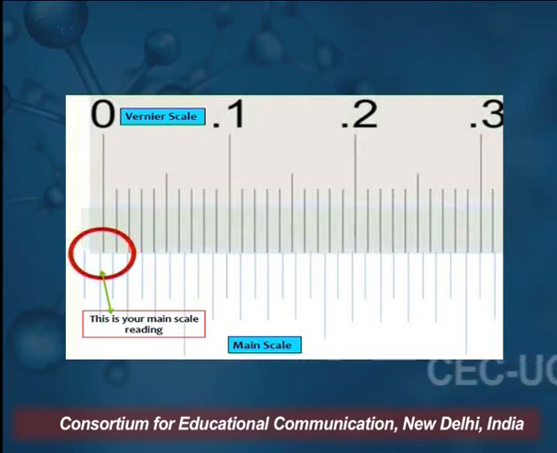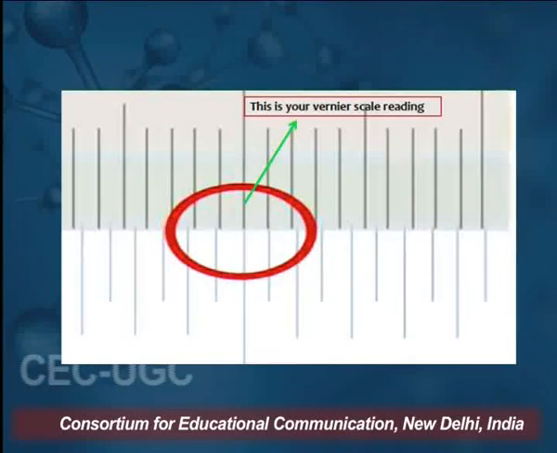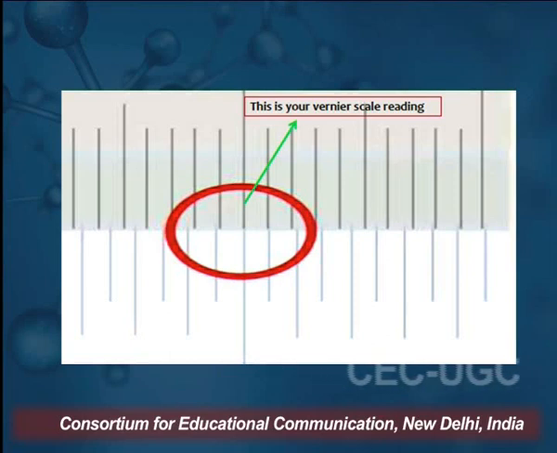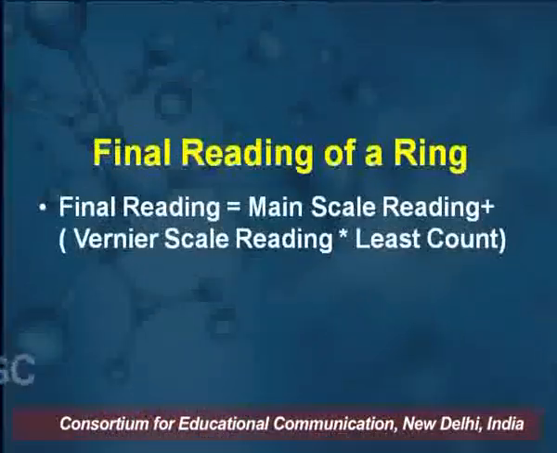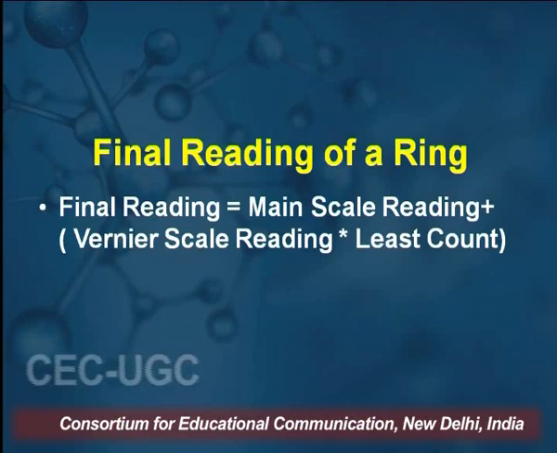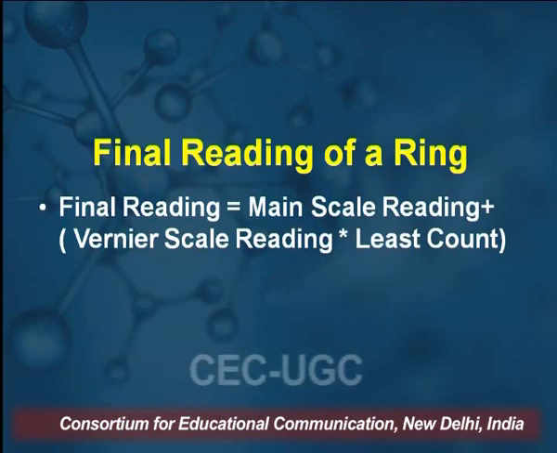Now the second reading we take from the vernier scale. We see which exact line of the vernier scale just matches with the main scale, and we take that reading. So the final reading of the ring is equal to main scale reading plus vernier scale reading into least count.